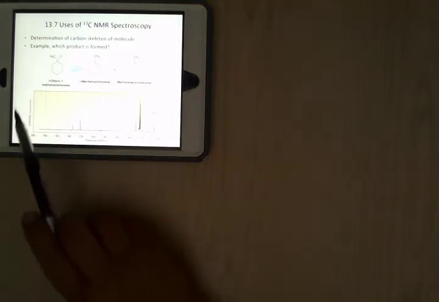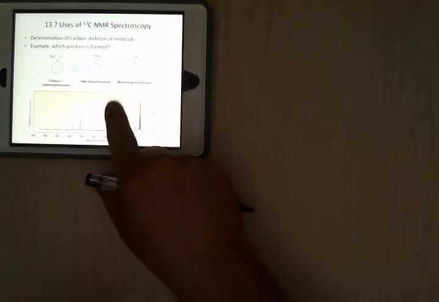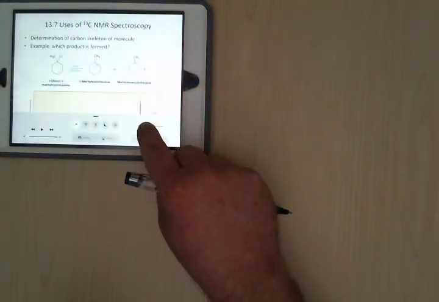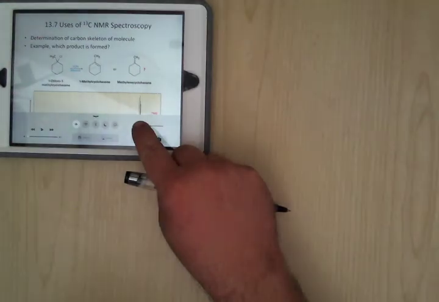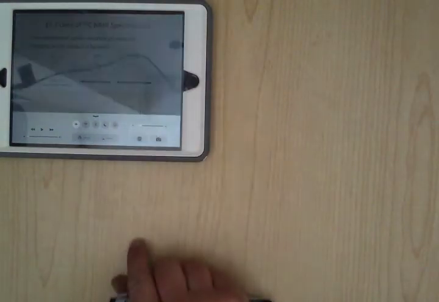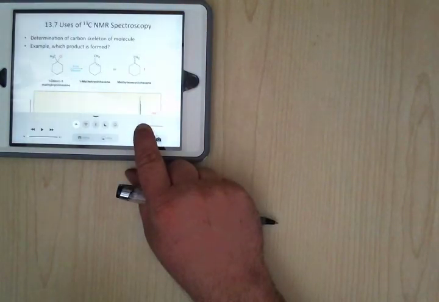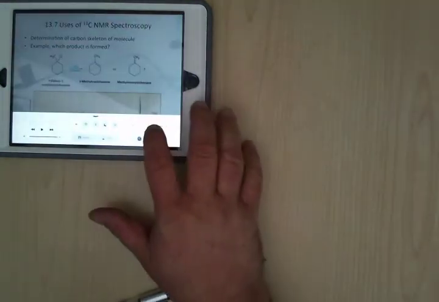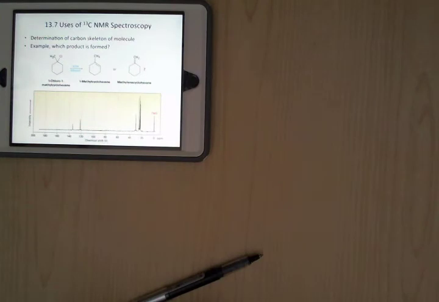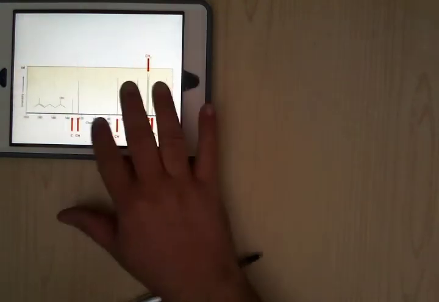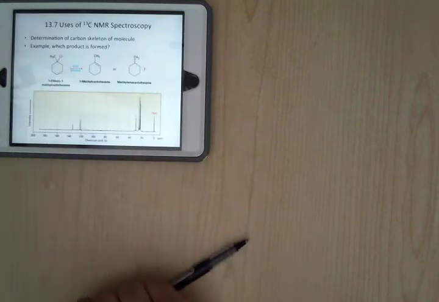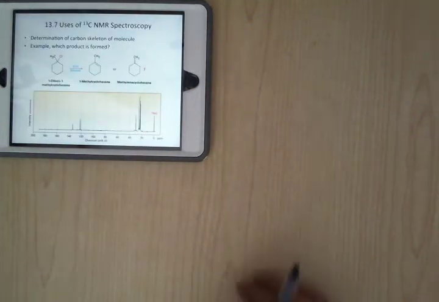But what we're seeing is, let me turn. There we go. I wonder if that's good. Is that easier to see? Maybe that'll be a little bit easier to see for you.